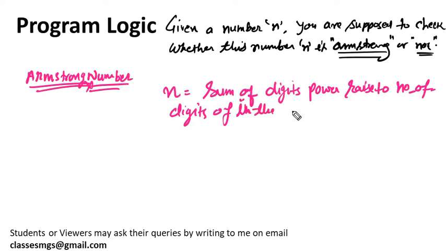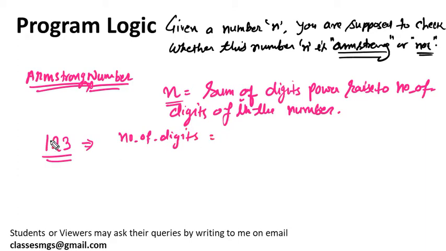What I am trying to say with this statement: let's take a number, say 123. How will we check whether it is Armstrong? You need to find how many digits there are. It is 3. Then you need to do 1 raised to power 3, plus 2 raised to power 3, plus 3 raised to power 3.